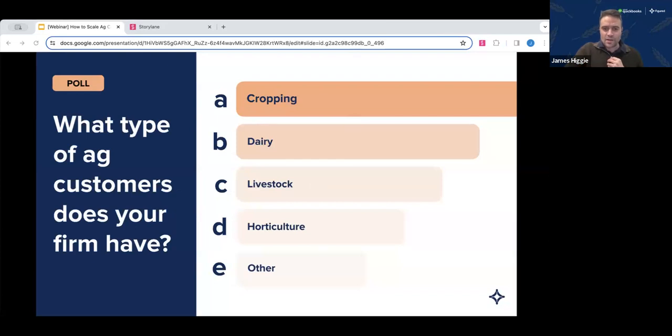Just before we do that, and bear with me as I get a poll up, we've got a couple of polls here which I'll launch, just to give us a bit of background on how you're working with your clients at the moment. I had a quick look at the attendees, and I think we've got a broad range, both from roles within an accounting firm all the way through to the types of clients we serve based on geography.